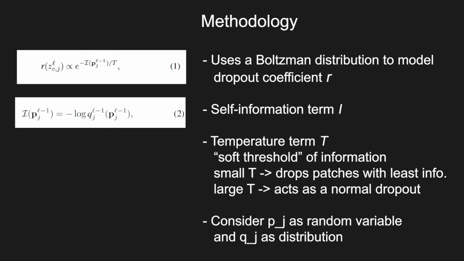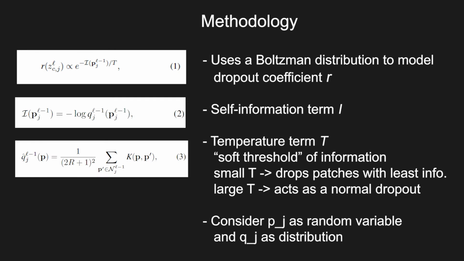To approximate Qj, the authors assume that Pj and other patches in its neighborhood come from the same distribution P. The neighborhood here means a local region centered at Pj with a Manhattan radius R. These neighborhood patches are taken as samples and Qj is approximated with its kernel density estimator Q hat j. Now, the information of Pj is estimated by the equation in this way.